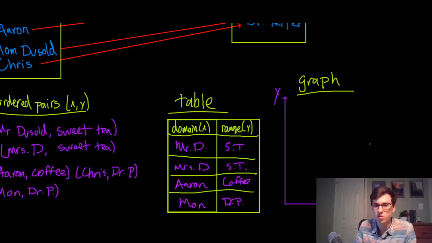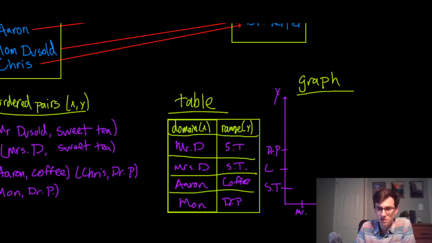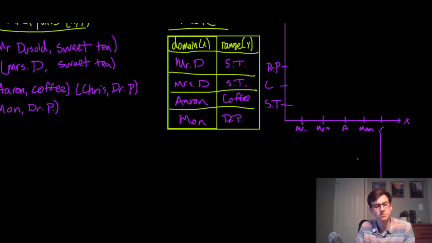So you might see that as y and x. Now y is my range, so I'd have sweet tea, coffee, and Dr. Pepper. And then down here, I'd have all my people: me, my wife, Aaron, mom, and Chris.